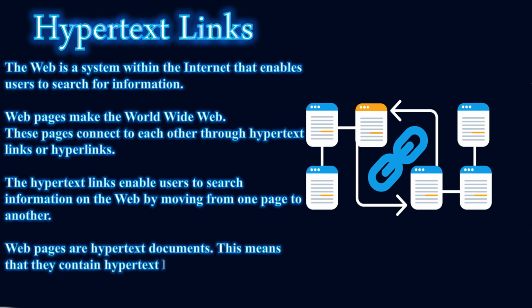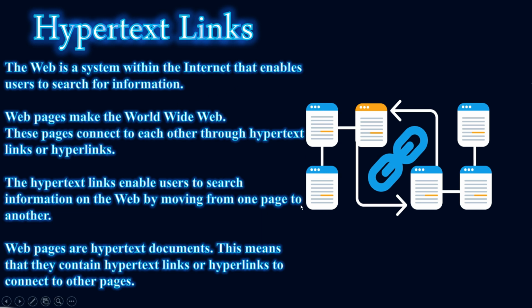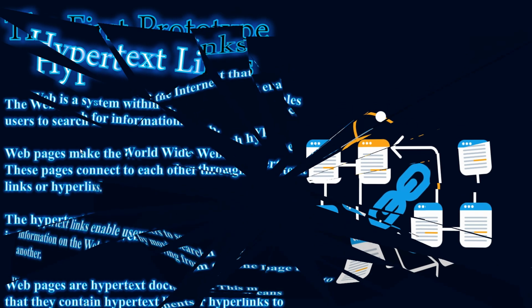Web pages are hypertext documents. This means that they contain hypertext links or hyperlinks to connect to other pages. So here, they are the pages of a web. Basically, a web has lots of pages, and these pages are connected to each other with hyperlinks.